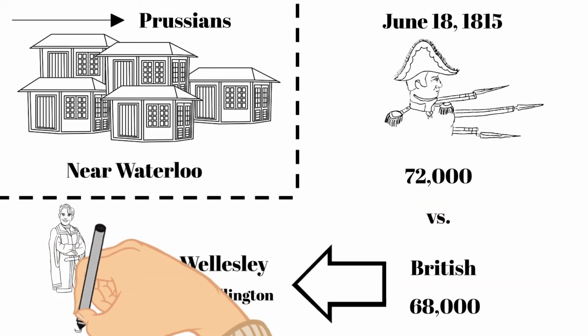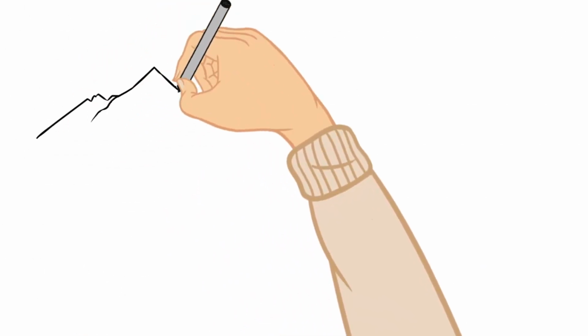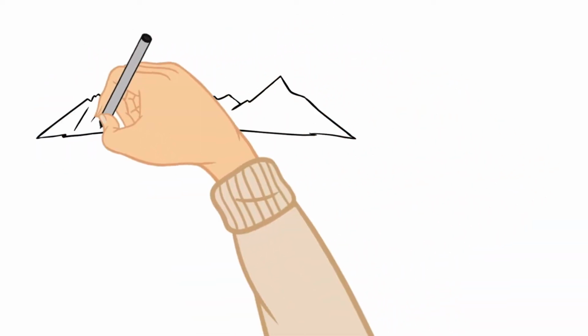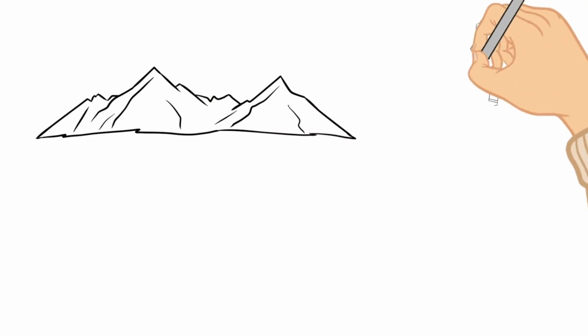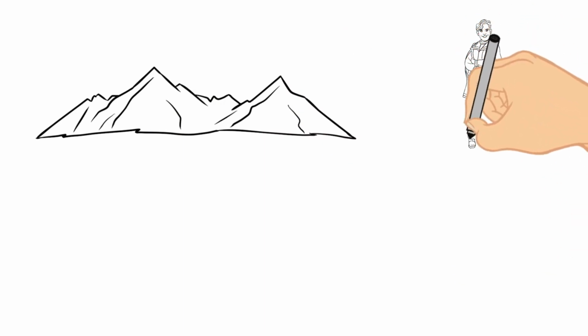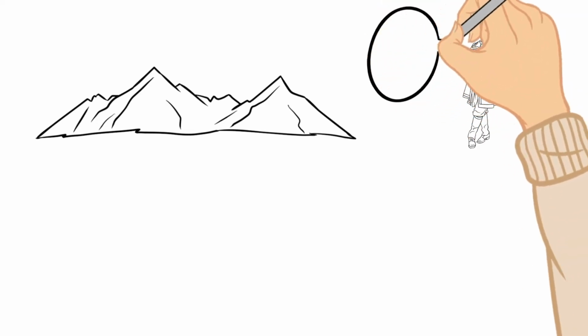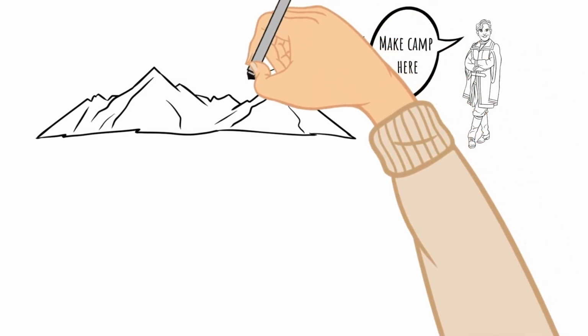General Wellington was an expert at combat and military strategy. They had also taken up position near Waterloo, where they were able to communicate with their Prussian allies. So, General Wellington, after talking with his Prussian allies, commanded his troops to take up a position along a ridge.